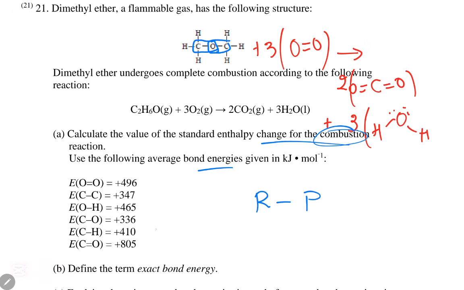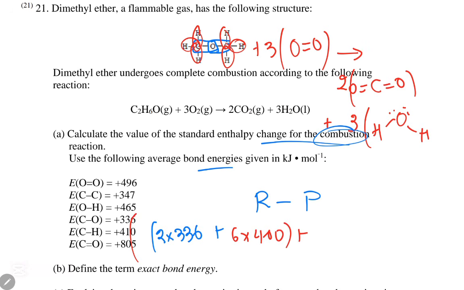First of all, I have 2 times C single bond O, so 2 times 336, plus 6 times C single bond H, so 410, in addition to 3 times O double bond O, so 3 times 496. All of this minus 2 times C double bond O, which is 805.